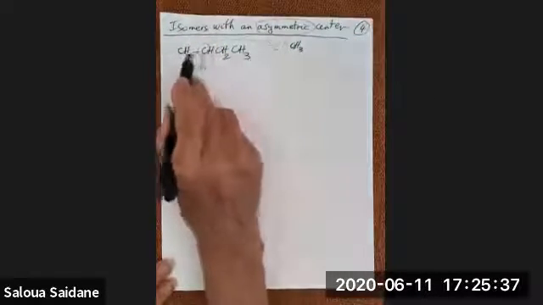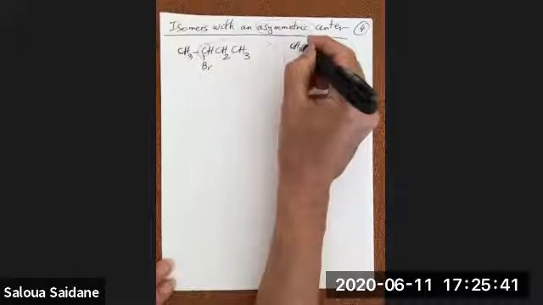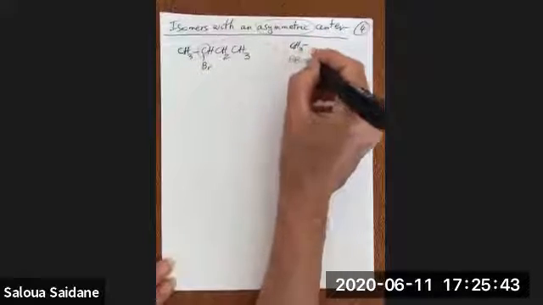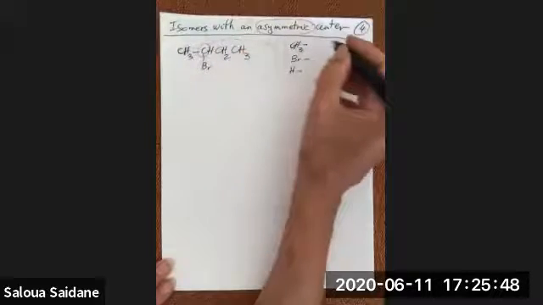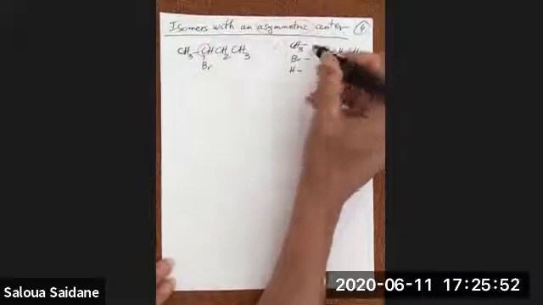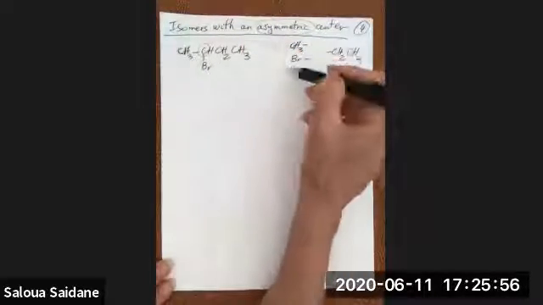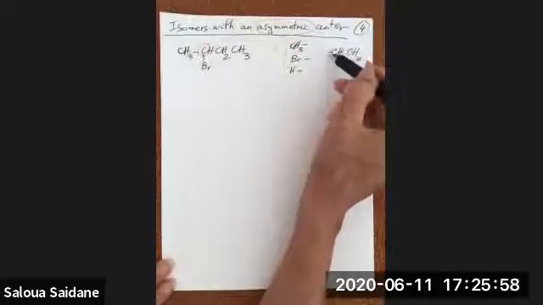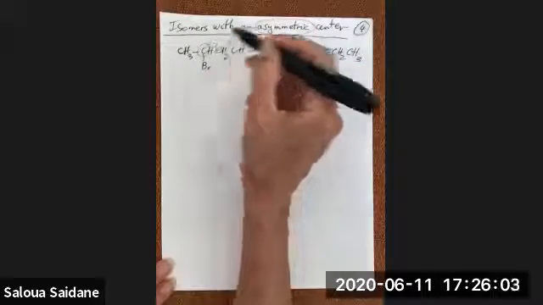So one of the substituents is CH3, another one is bromine. So it has a CH3, it has a Br, it has an H, and it has a CH2, CH3. So you see, each of these substituents on this carbon is completely different. So you have 4 different substituents, 4 different things attached to this carbon.